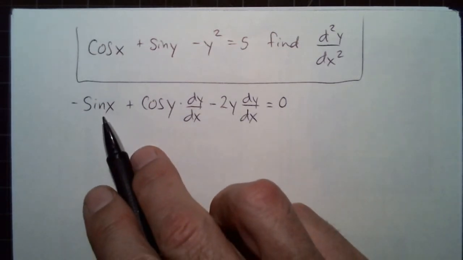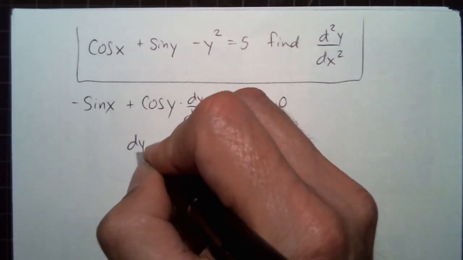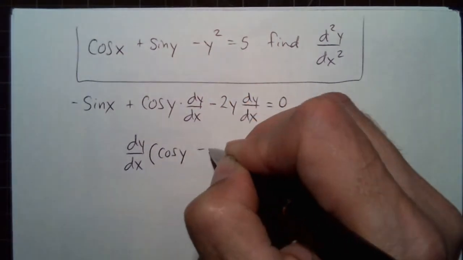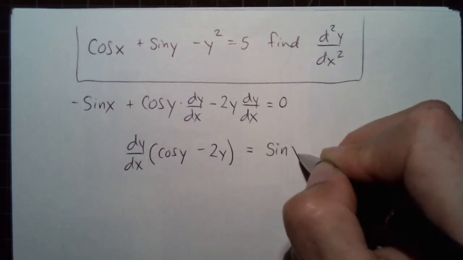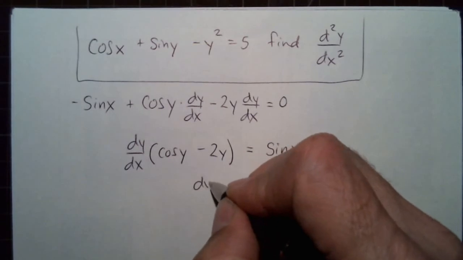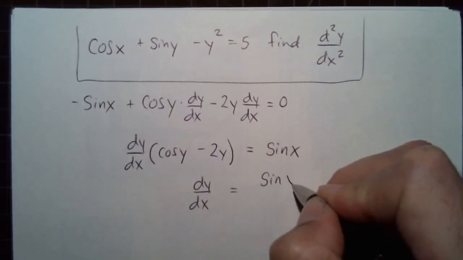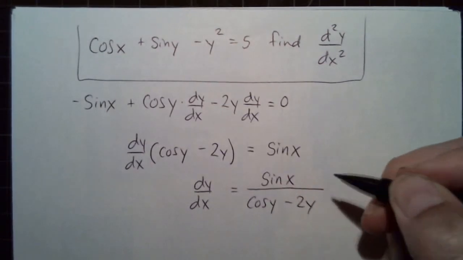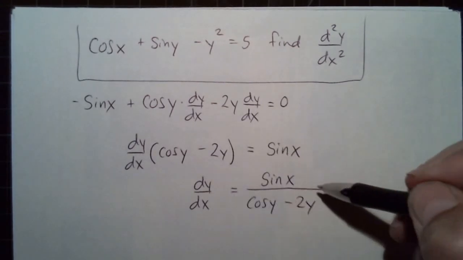Let's move that to the other side and factor out the dy dx. Divide by this factor, and now we have the first derivative.